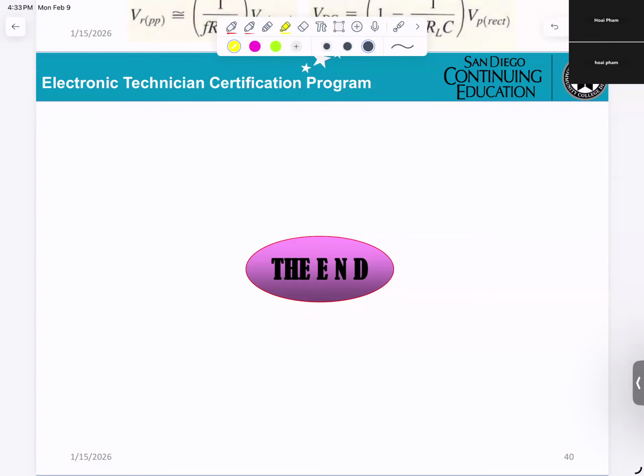So, again, no class anything this Friday. No class on Monday, holiday. So when you're coming back, it will be on Tuesday, and you will be working on the labs.